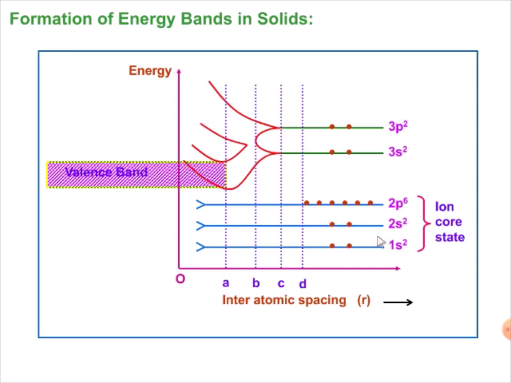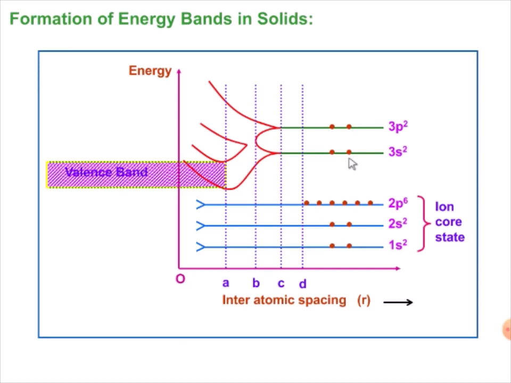For the inner ion core, electron energy levels will remain as fine lines, because they will not undergo any splitting or change in their energy levels, because they are tightly bound by the nucleus, and so there will be no interaction. Only the energy levels of the valence electrons will be modified.